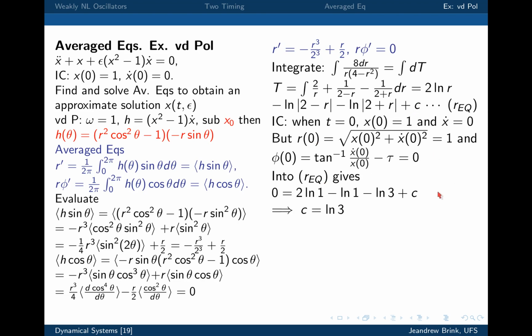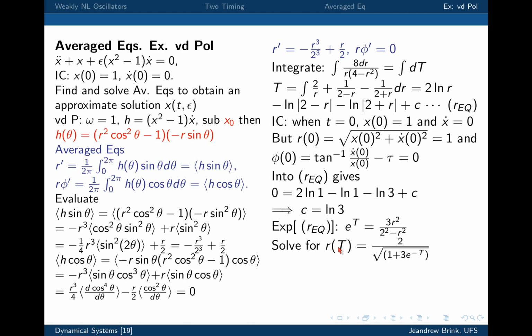Then you get that c equals ln 3, and therefore if you take the exponent of this whole expression, you get that e to the t equals 3r squared over 2 squared minus r squared. If you invert this, you can solve for r because it's just a quadratic expression.